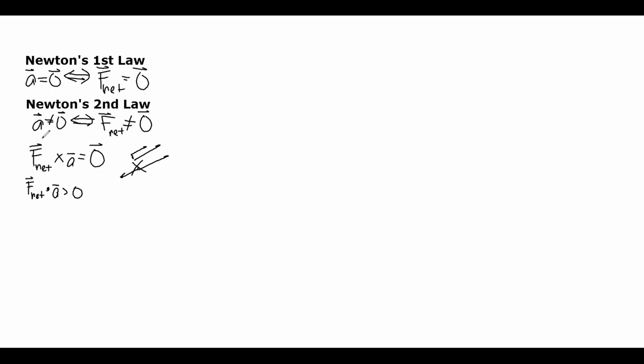So Newton's second law says more than that, actually. But it goes further than that, because if you just knew that they were parallel in the same direction, that begs the question, what is the numerical value that they're related by?